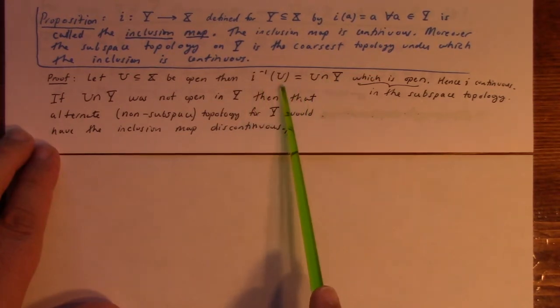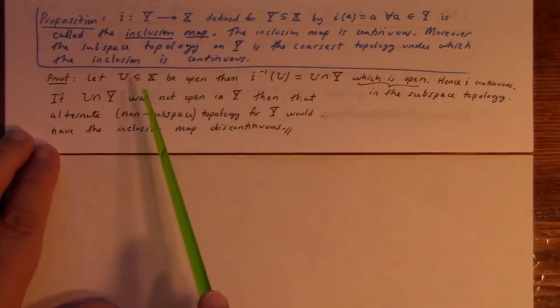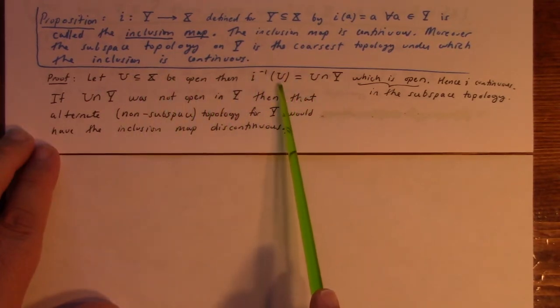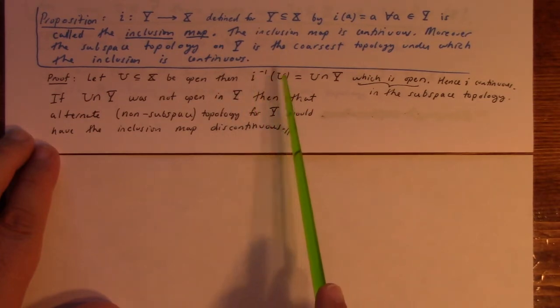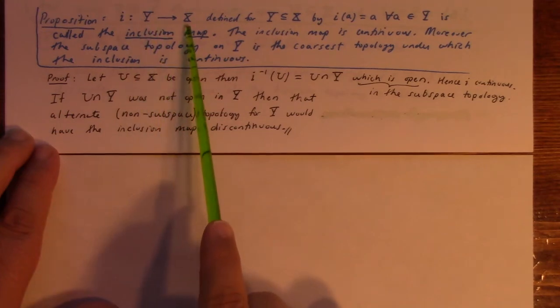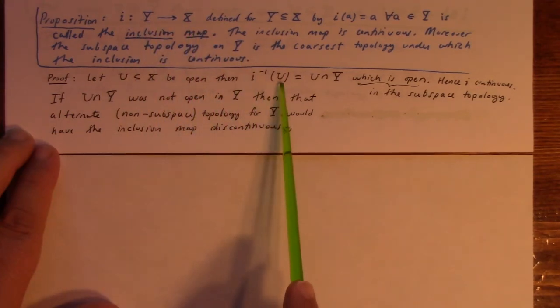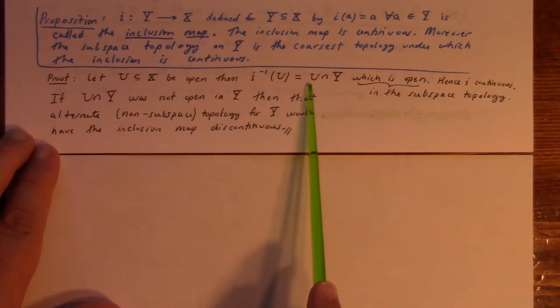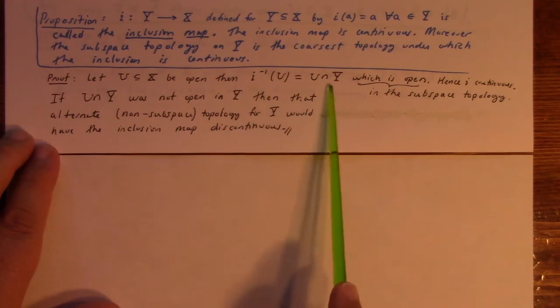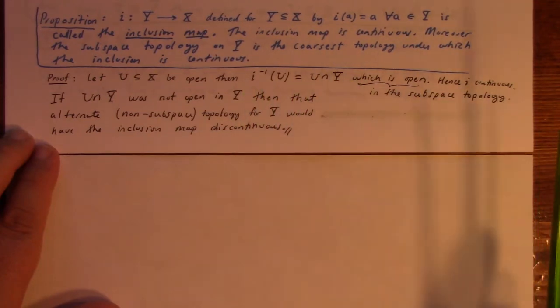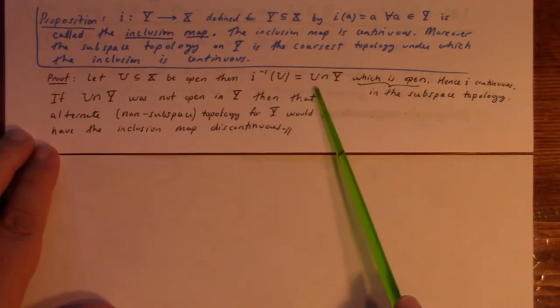If you think about it, for example, if U does not intersect Y at all, then the inverse image of U, if you're mapping from Y over to X, and U doesn't even have a point in Y, the inverse image of U would just be the empty set, right? So that's that case. Anyway, I invite the reader to prove this if you don't believe it already, but I think it's fairly obvious that that's true.